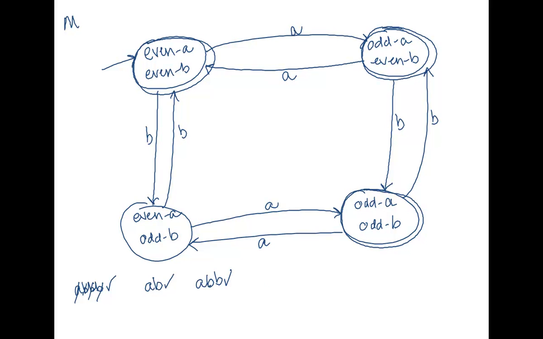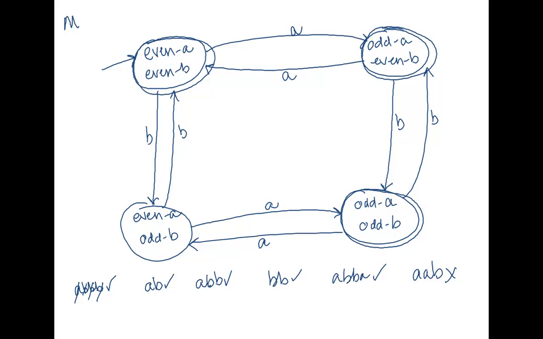BB is going to put me in even A, even B. That's a final state. Good. How about ABBA? Same thing. It's going to be an even number of B's and an even number of A's. That's a final state, so that's great. And then our string that was not in the language was AAB. This is going to give me an even number of A's and an odd number of B's. And we look, that's not a final state. So that one's not going to be accepted, and that's what we wanted, right? That was not in the union.